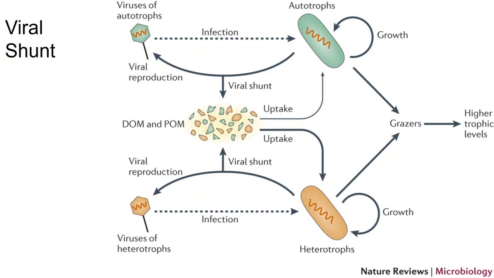The autotrophs, those are things that photosynthesize, that make molecules that can store some energy for later use, right? Like trees, like algae. But the viral shunt might favor heterotrophs, those organisms that have to eat other forms of carbon that can then be used for energy later. And that's likely to affect the way that aquatic ecosystems work.